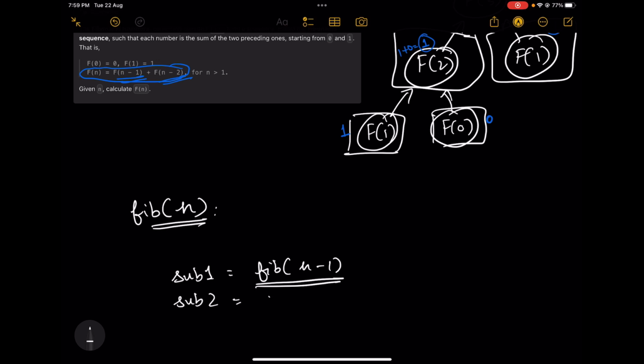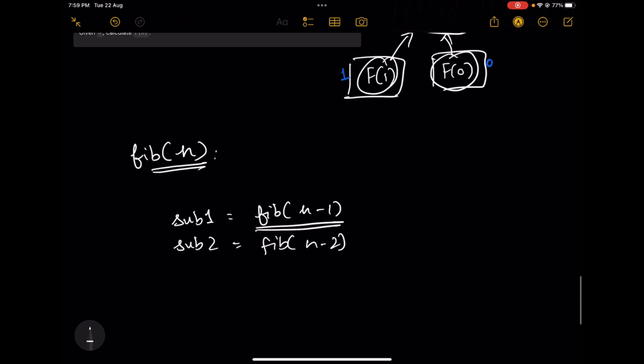Similarly, sub 2 is equal to fib of n minus 2. Once we have the answers of fib of n minus 1 and fib of n minus 2 in these variables sub 1 and sub 2, the second step in building a recursive solution is that we need to combine these subproblems in some manner to get the answer to our original problem.